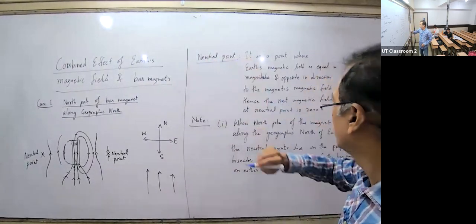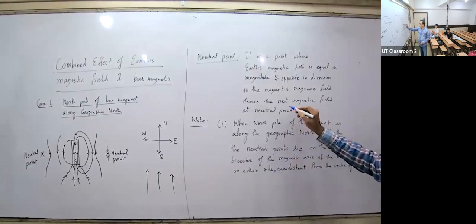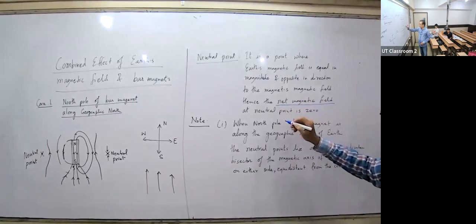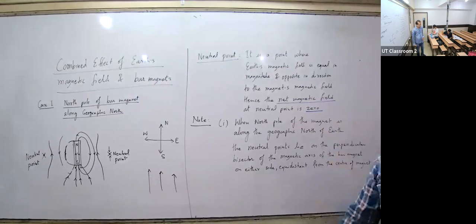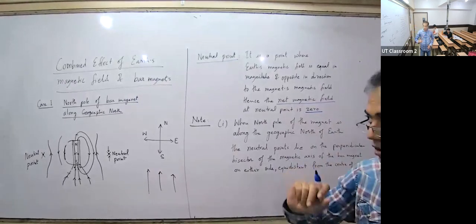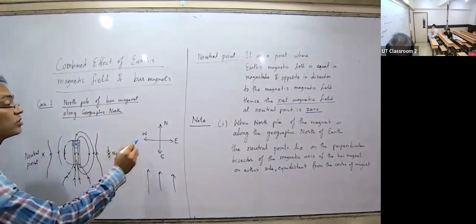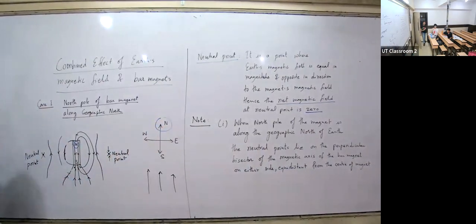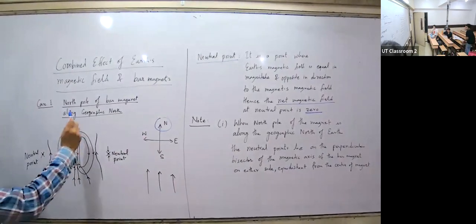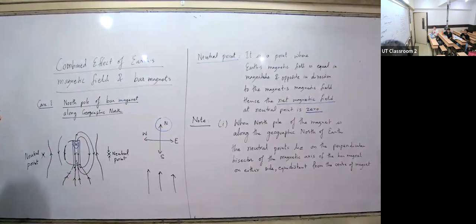That point where the net magnetic field due to Earth and the magnet is 0. Now there are two situations. When the north pole of the magnet is along the geographic north of the Earth, then where is the neutral point?